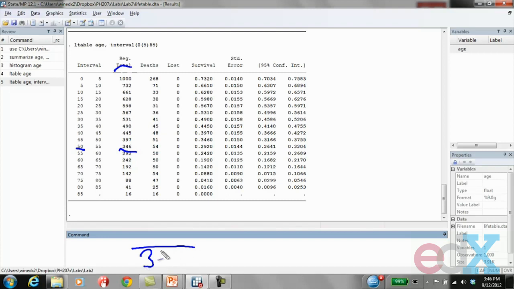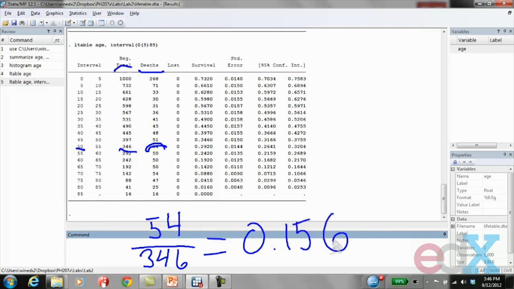So out of 346, how many people died? We can look at this death column, and we can see that 54 people died in this interval. So we have 54 out of 346. That leaves us with 0.156. So that is the proportion of individuals alive on their 50th birthday who die before their 55th birthday.